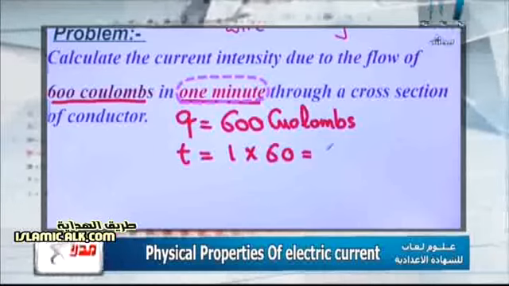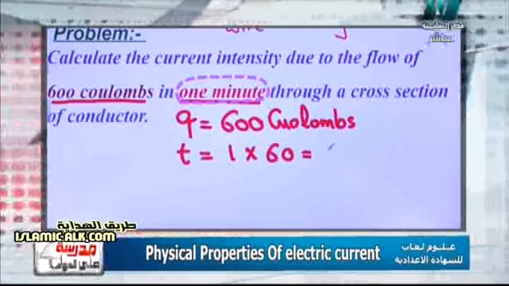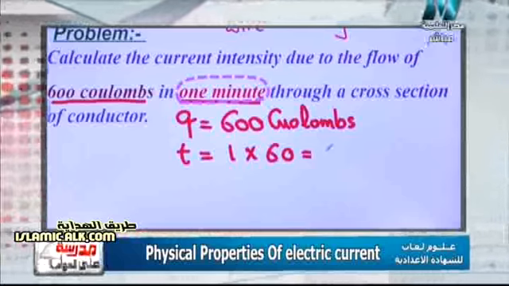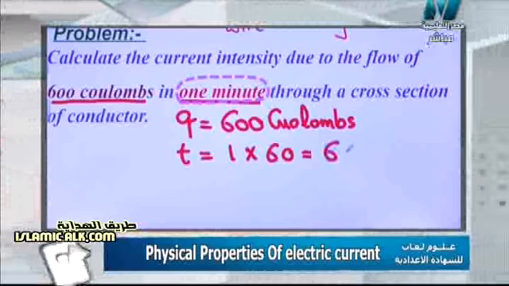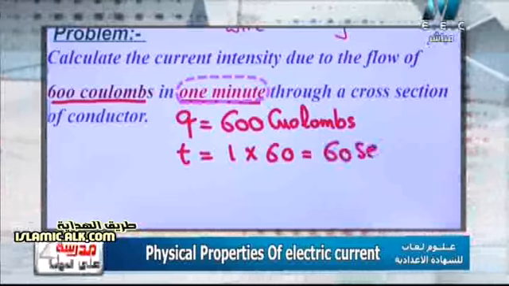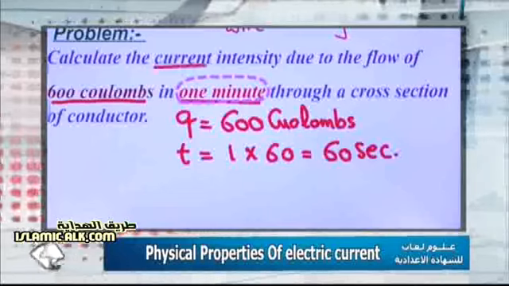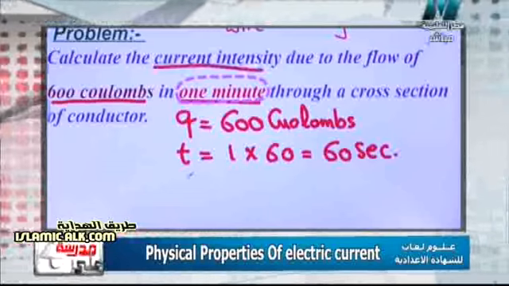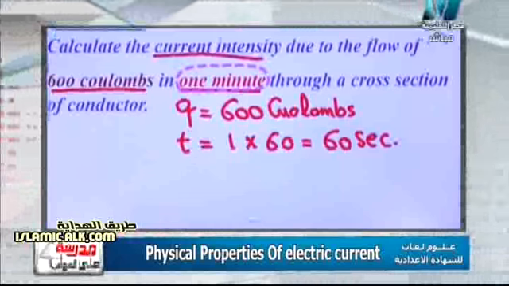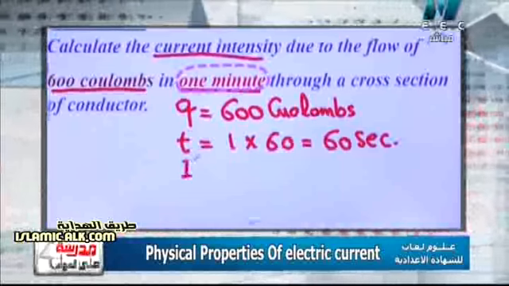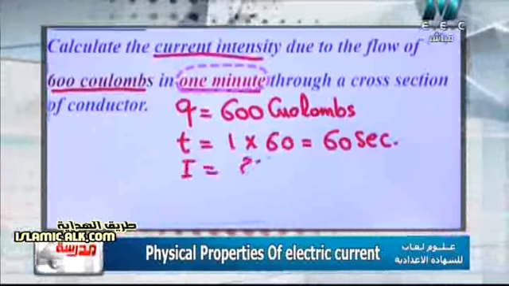We know each minute consists of 60 seconds. So time here equals 60 seconds. It says calculate the current intensity, so we have to calculate I. I is unknown now.